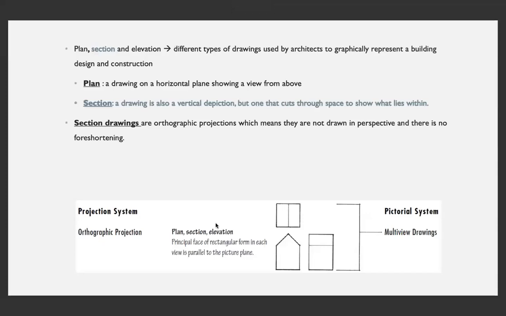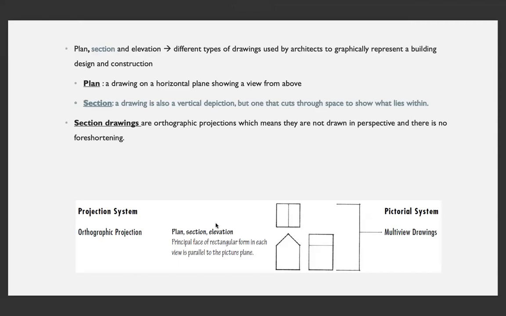Plans, sections, and elevations are different types of drawings used by architects to graphically represent a building design and construction. Plan: a drawing on a horizontal plane showing a view from above. Section: a drawing that is also a vertical depiction, but one that cuts through the space to show what lies within.